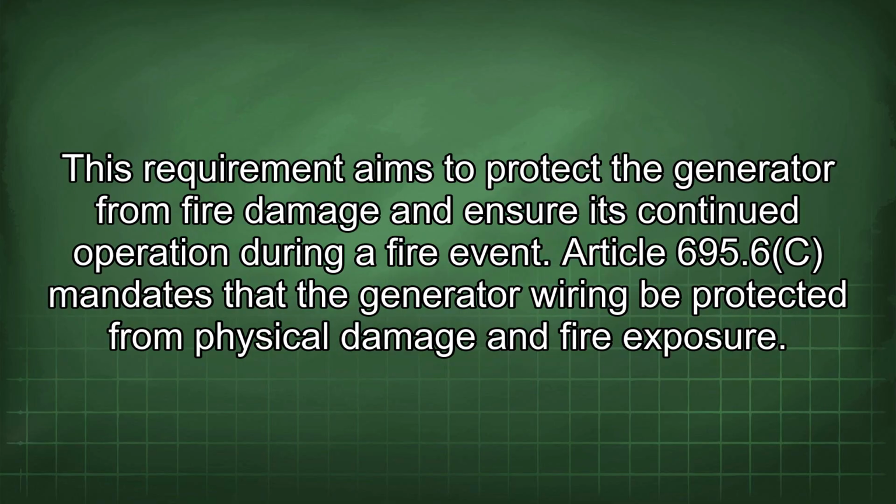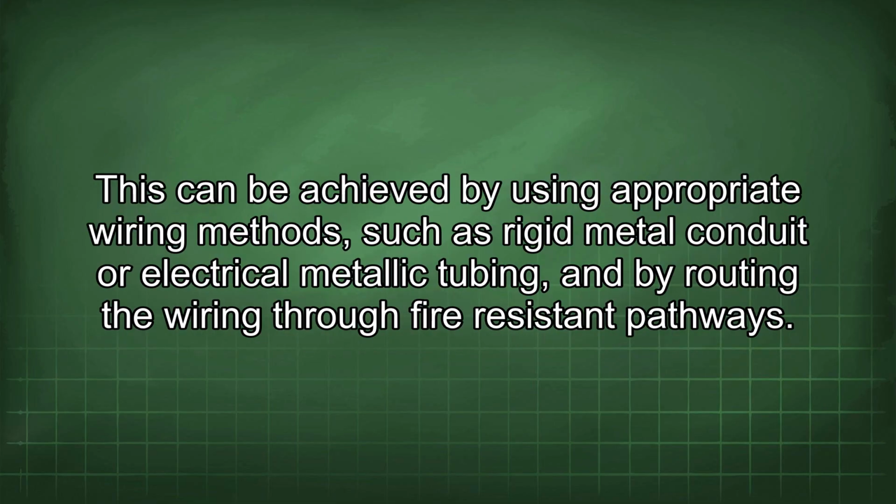This requirement aims to protect the generator from fire damage and ensure its continued operation during a fire event. Article 695.6c mandates that the generator wiring be protected from physical damage and fire exposure. This can be achieved by using appropriate wiring methods such as rigid metal conduit or electrical metallic tubing, and by routing the wiring through fire-resistant pathways.